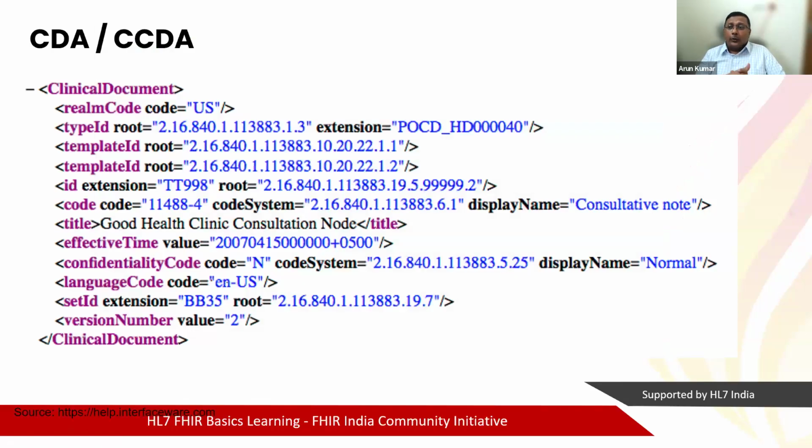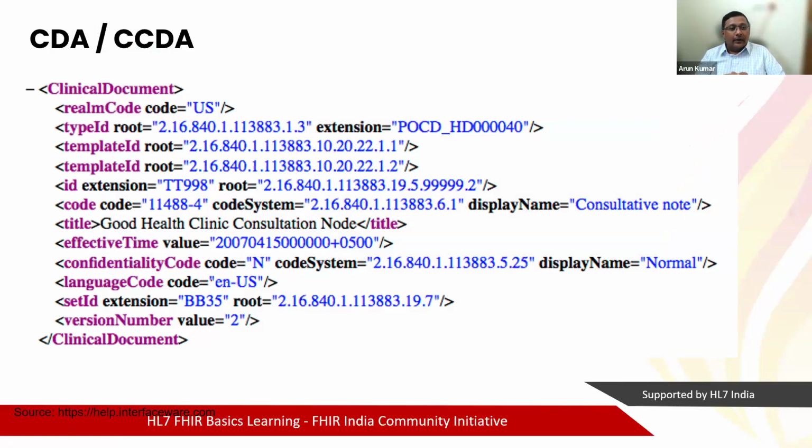Like I mentioned, the output of XML was CDA or CCDA. This is one example of how a consultation note can look. If a consultation note in its entirety has to be sent, it has a header and a body, and the body is going to have sections.